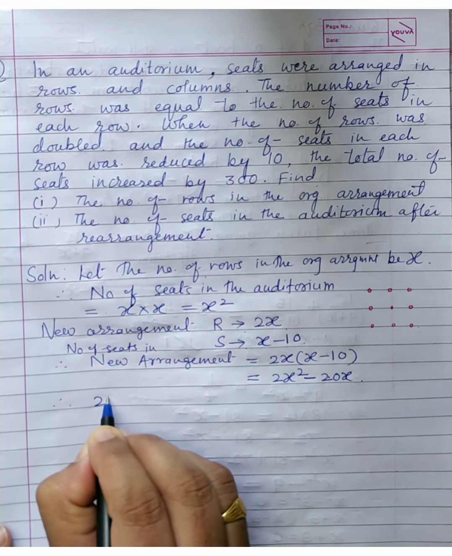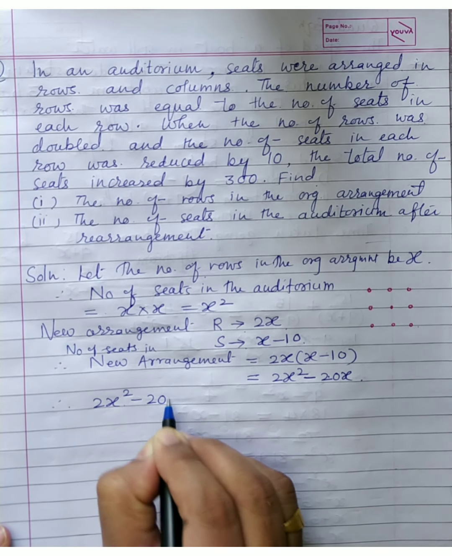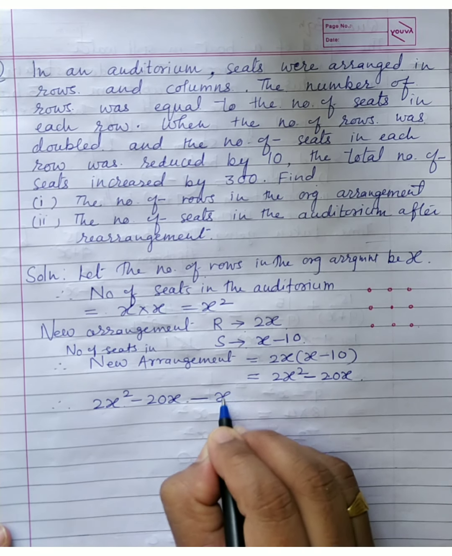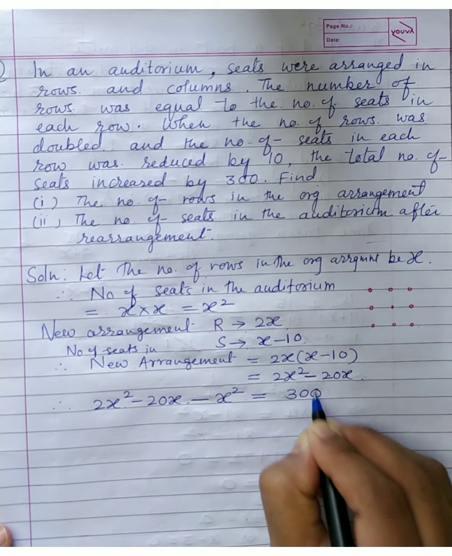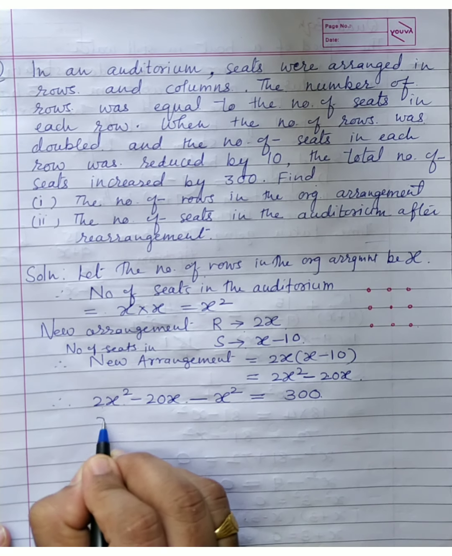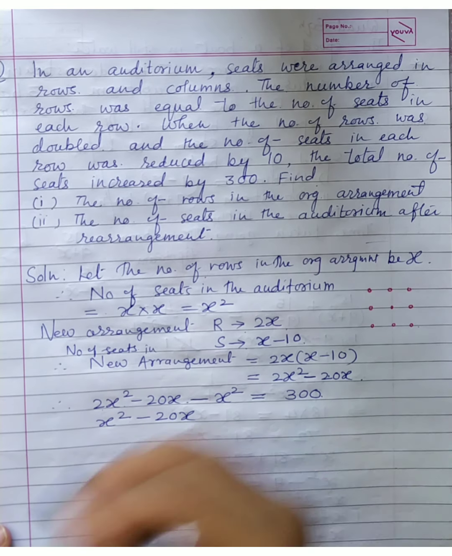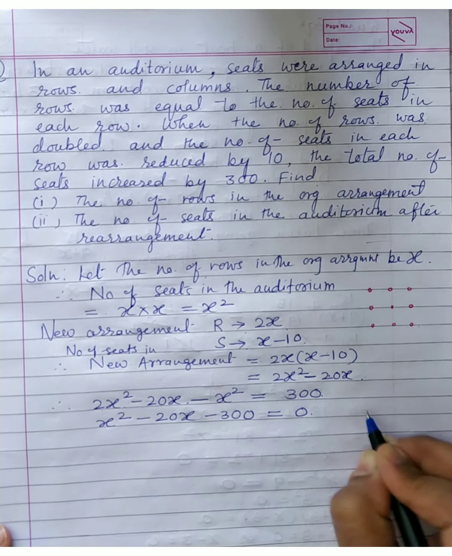In the new arrangement, the number of seats is 2x square minus 20x, minus previously x square, and the increase is 300. So 2x square minus x square is x square, minus 20x, minus 300 is equal to 0.